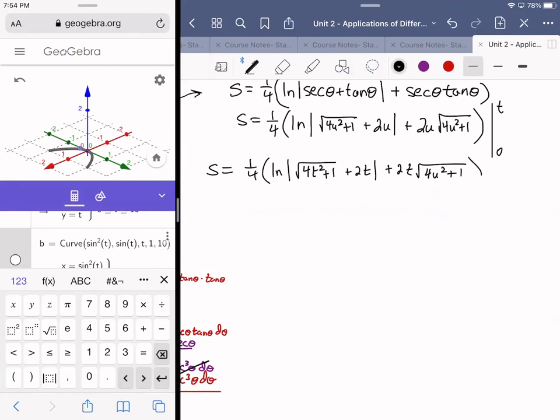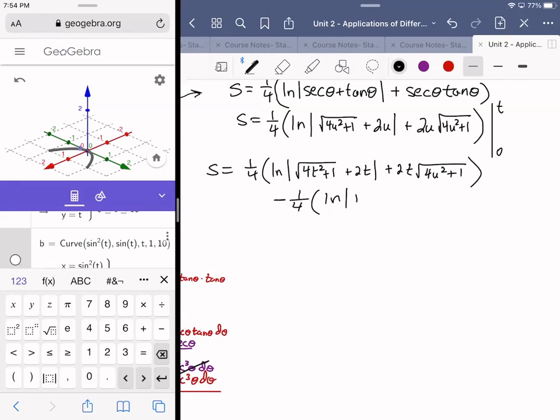I just want to have a quick look and make sure that substituting in a 0 is actually going to zero things out. Because we have a natural log in there, I'm going to write the next step as 1/4 ln. So ln of 4 times 0 plus 1 is going to be the natural log of 1 plus 0, which is a 1.